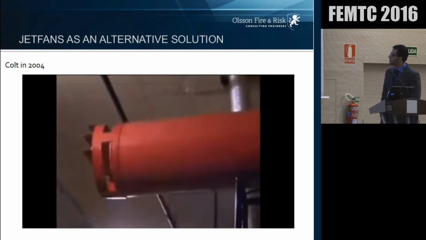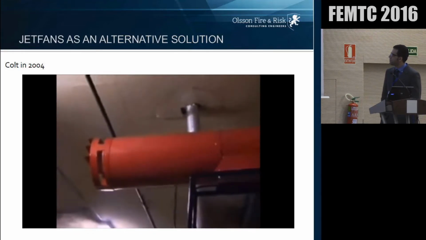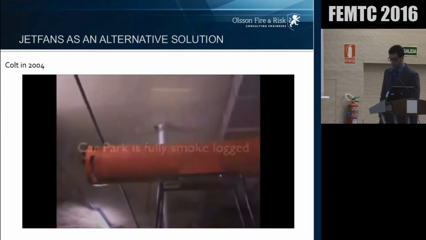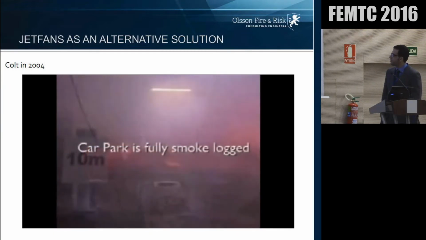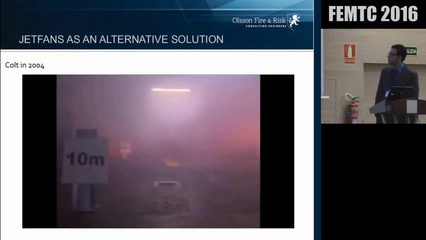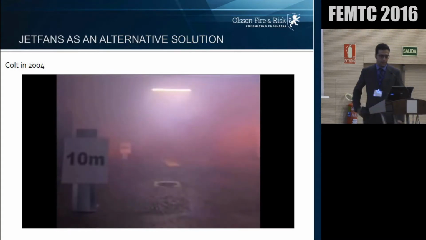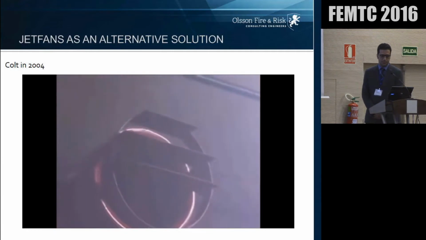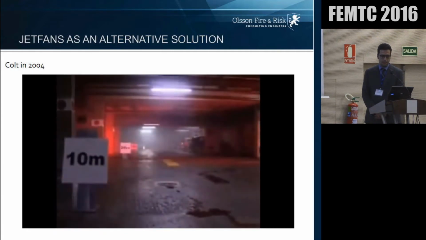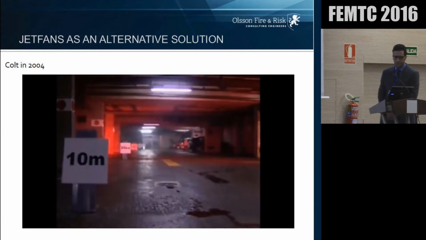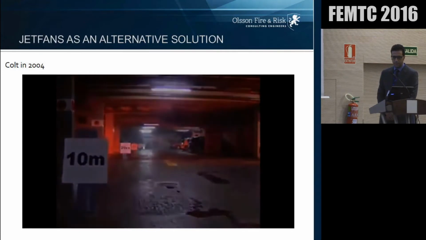The second test used the existing extract system, modified to extract from a single point halfway down the car park, still at 10 air changes per hour, with 4 Colt Jetstream impulse fans running to create internal air movement, replacing the distribution ductwork. At the 20-minute time check here, the visibility was much better than in the previous test, and the rear wall was clearly visible. The test was terminated here at 30 minutes, with the car park totally free of smoke.